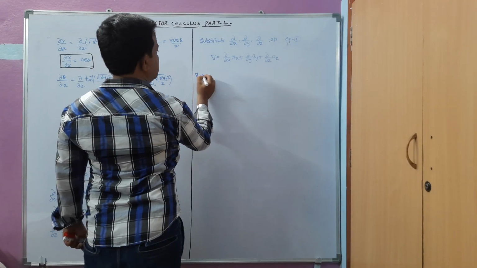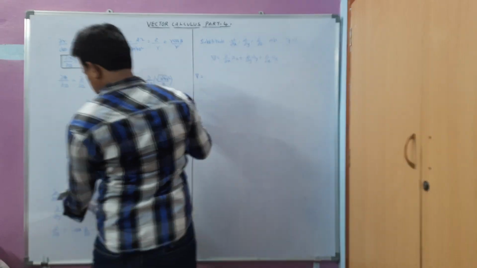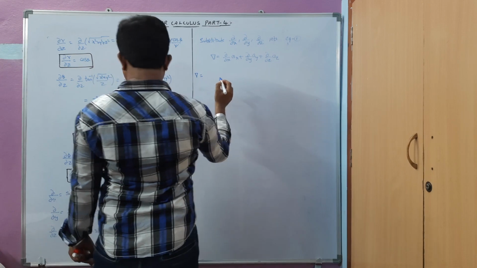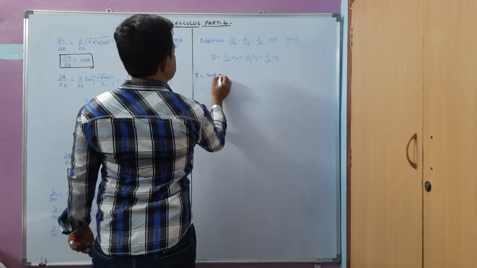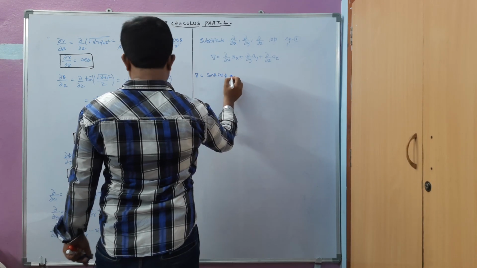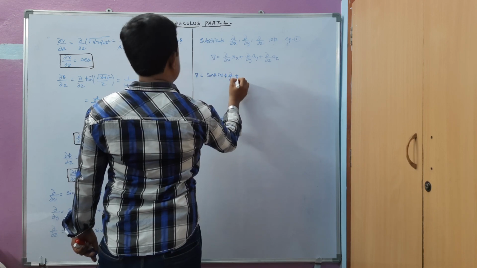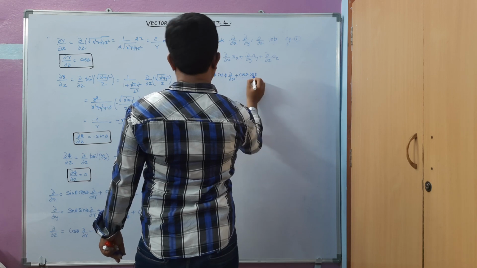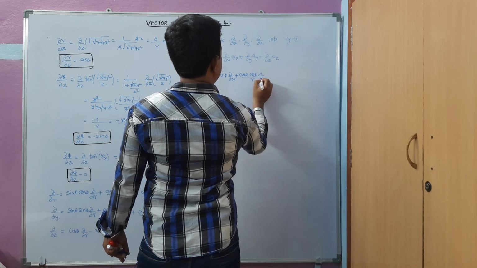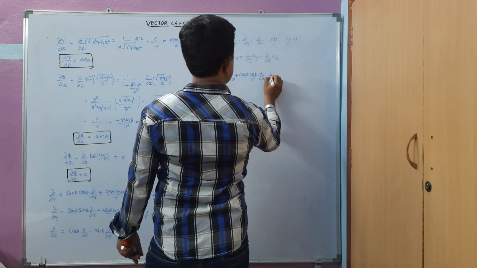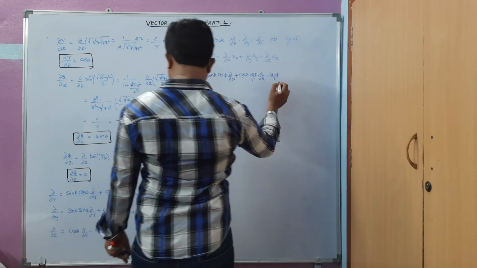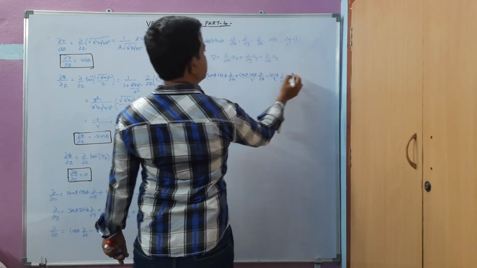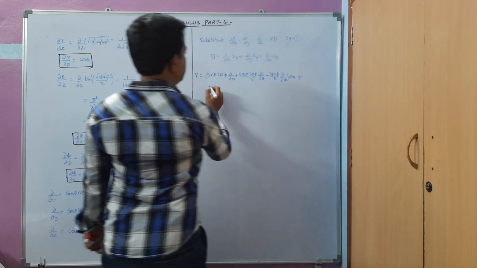Next, del is equal to dou by dou x, what we have got: I have to write this lengthy equation here, that is sin theta cos phi dou by dou r plus cos theta cos phi by r dou by dou theta minus sin phi by rho dou by dou phi, into ax, plus I will continue here.